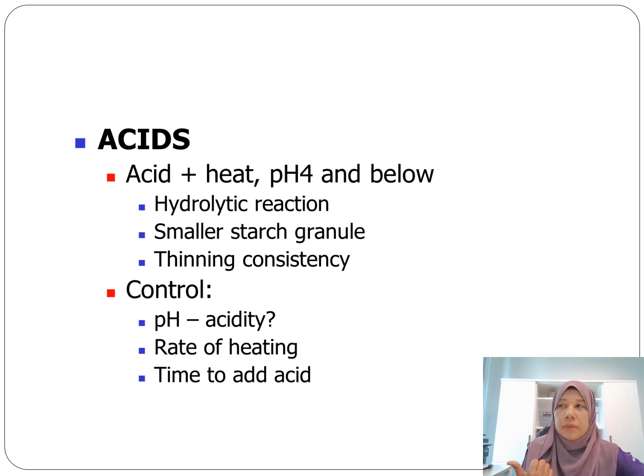Next, the effect of the acid on the starch. For example, you use starch and acid and you put some heat. Normally the hydrolytic reaction will occur. At pH 4 and below, the starch granule becomes smaller, and in terms of consistency or viscosity, it will be thinner.